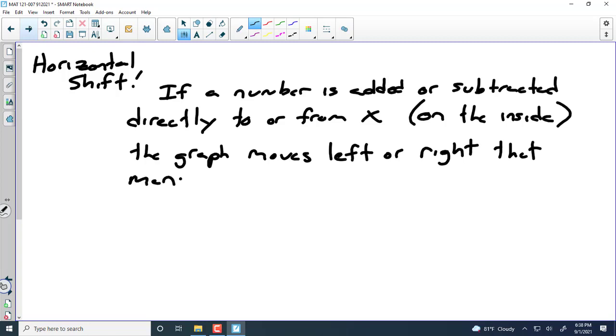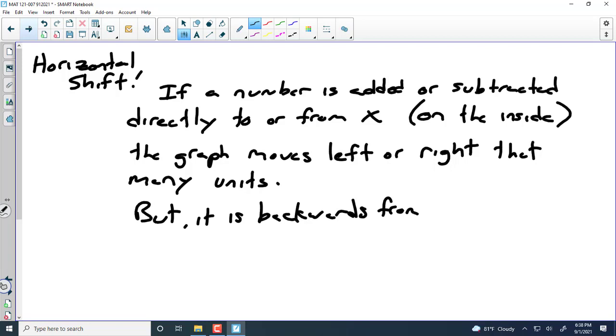The whole graph will move either left or right instead of up or down. But it is backwards from what you may think.